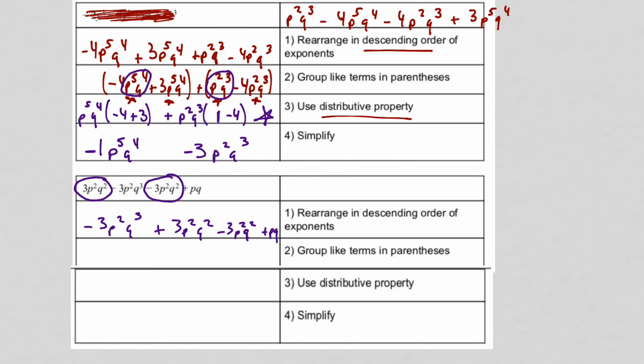Okay, now let's group the like terms in parentheses. So there is nothing else with that. But there's this, 3p squared q squared. These are like terms. So those are the only like terms we have. Use the distributive property. We're going to factor out that common term.